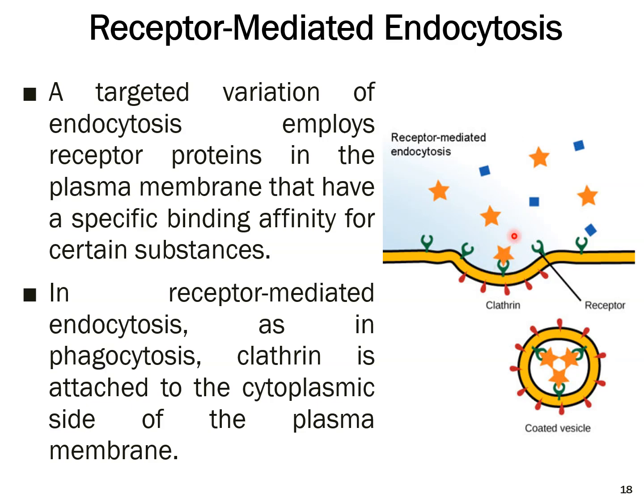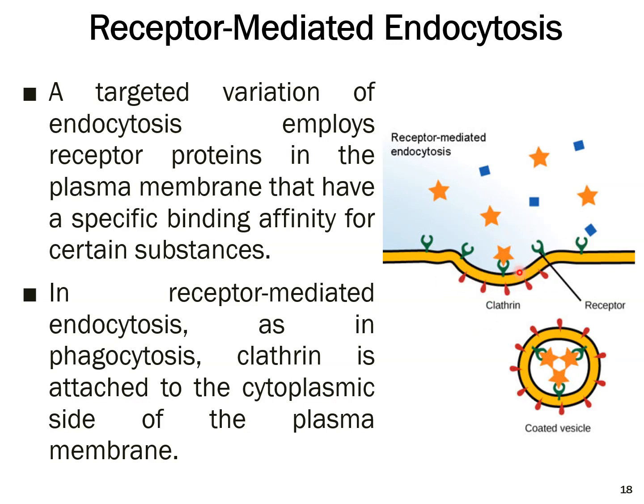Like this protein has bound a substance with it. Those substances bind to these proteins, and then the process of endocytosis happens. In receptor-mediated endocytosis, as in phagocytosis, clathrin is attached to the cytoplasmic side of the plasma membrane so that it stabilizes the plasma membrane.